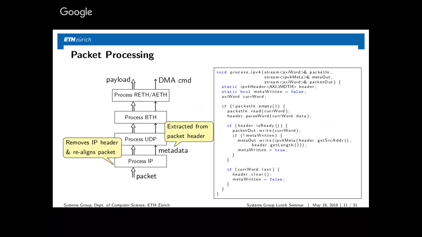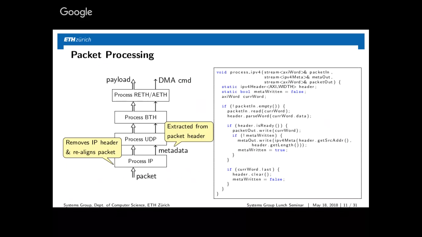Once we completely parse the header, this ready flag is set. We now know that all the following words are not header words anymore. They contain payload or headers for the following protocols.